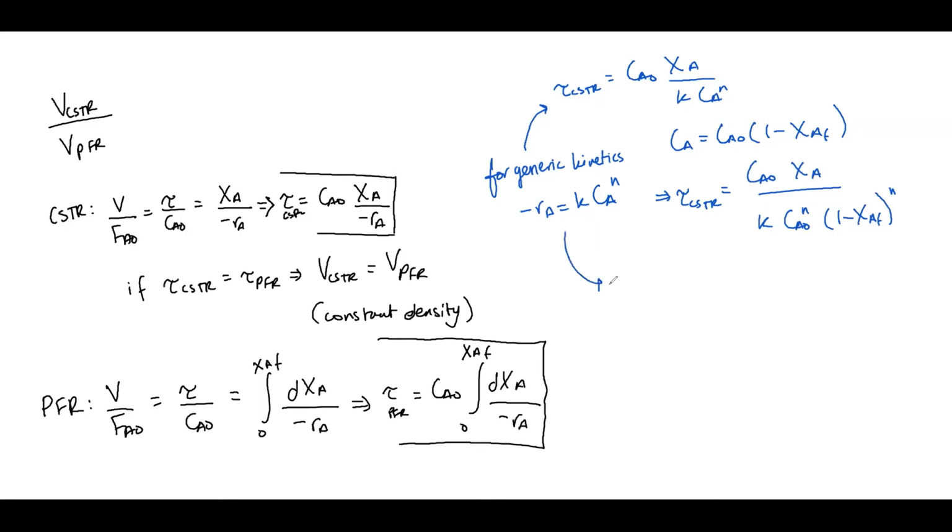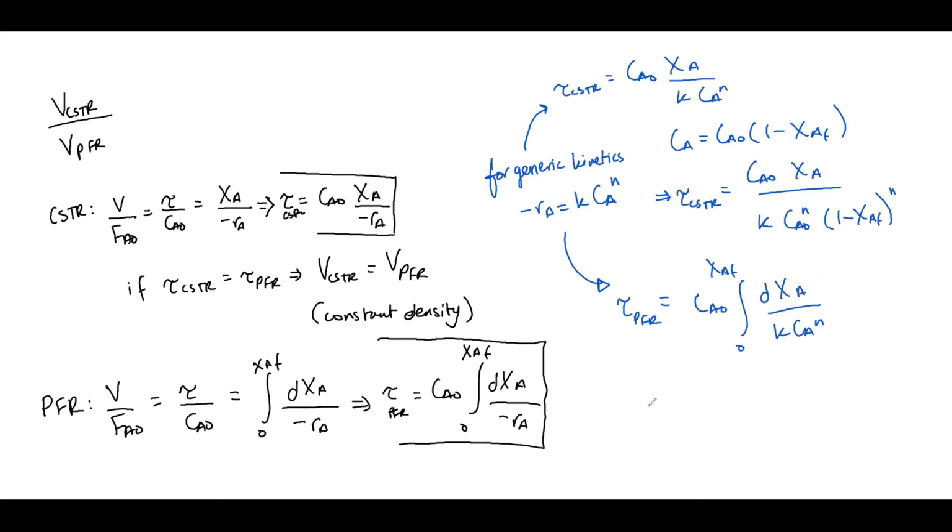Now let's do the same thing for tau PFR. In this case, I have CA0 integral from 0 to XAF dXA over k CA to the n. I just replaced minus rA with this expression. And then I'm going to do the same thing and replace CA with CA0.